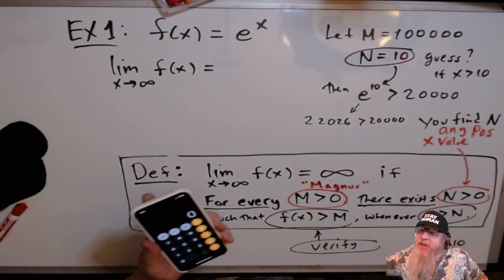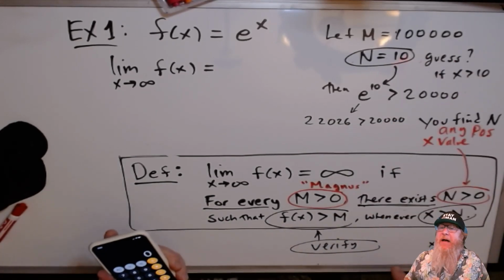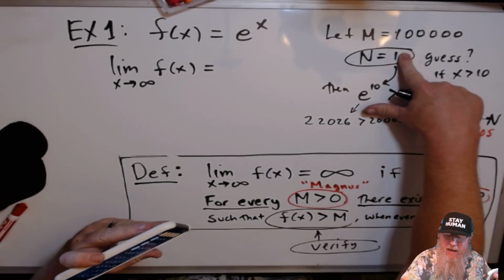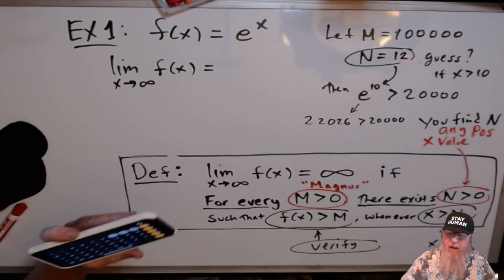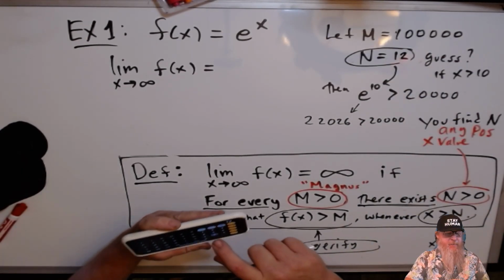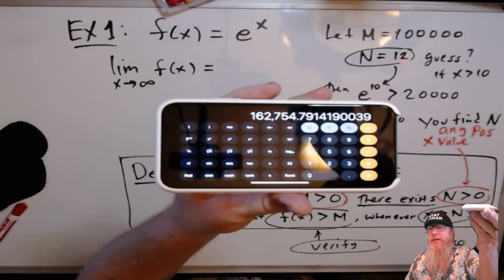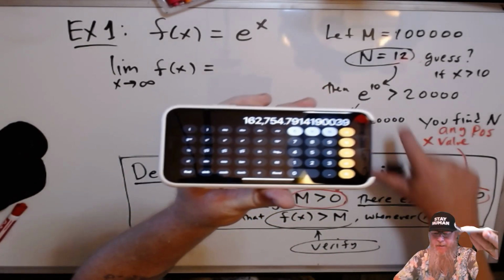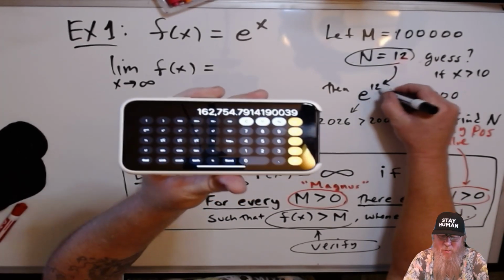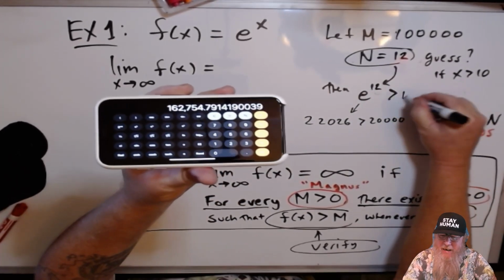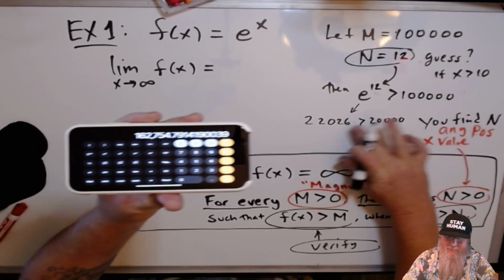I can always go bigger than anything you put out there. I don't think 10 will do it. Let's guess 12. It doesn't have to be much bigger. Yep, sure enough, look. So e to the 12th is greater than 100,000.